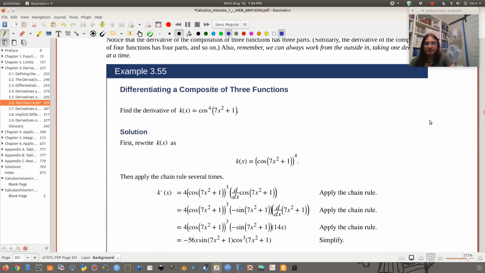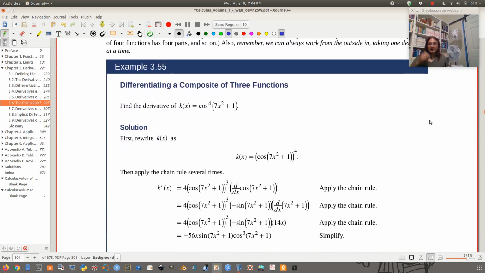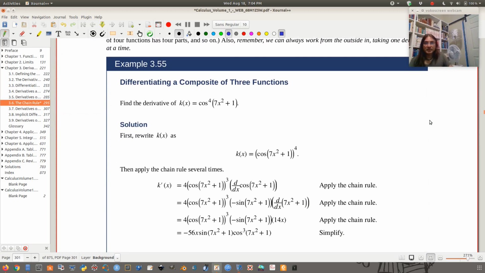So here, to do this one, it is cosine to the power 4, so g to the power 4.